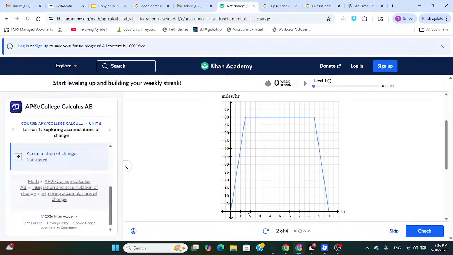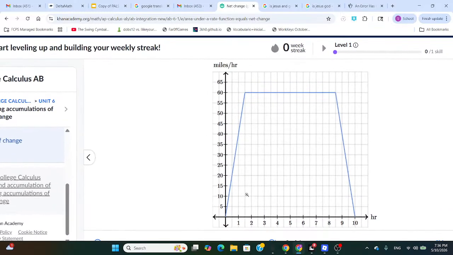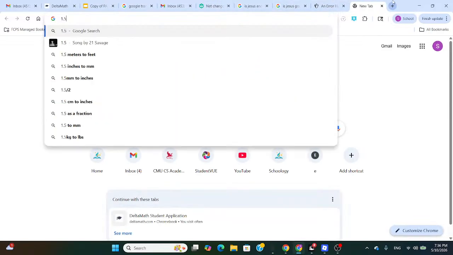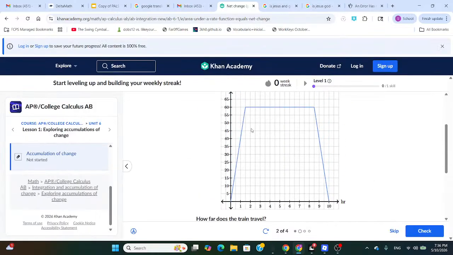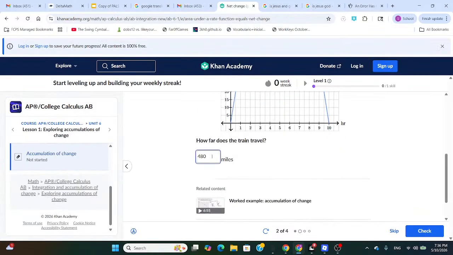But now let's do this trapezoid first. From 0 to 1.5, and up there is 60. So 1.5 times 60 is 90, but only half of it is 45. 480 plus 45.